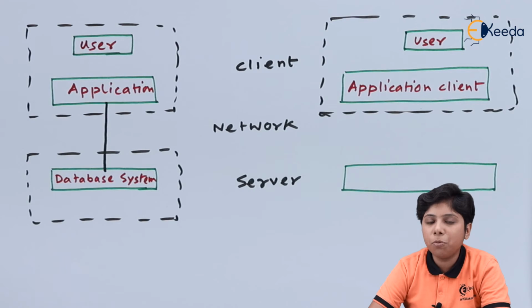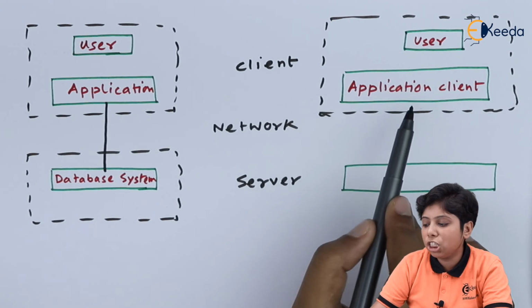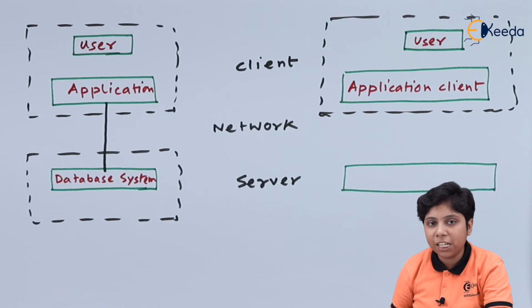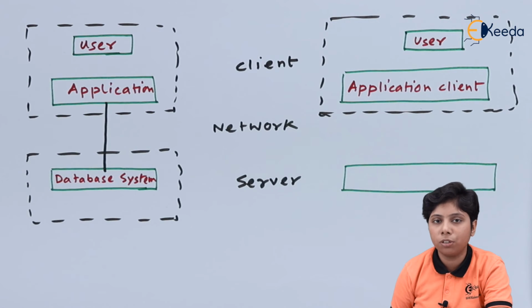Here the client program is the user which is initiating another application client which will communicate with the application server in the network and then directly communicate with the database system residing on the server.